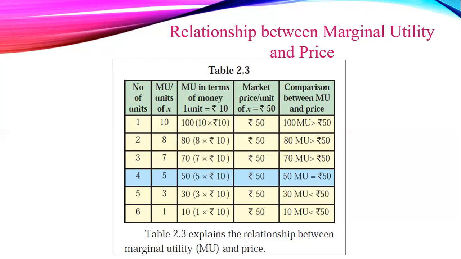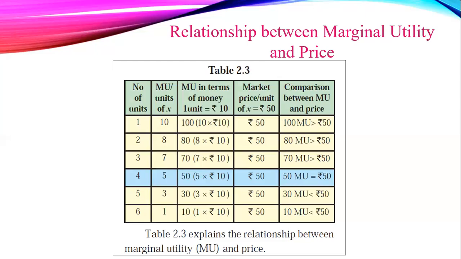For the first 3 units consumed, it is found that marginal utility in terms of money is greater than the price paid. Fifth point, a rational consumer will willingly buy these units since the benefit derived is more than the price paid. Sixth point, at the fourth unit, marginal utility and price become equal.